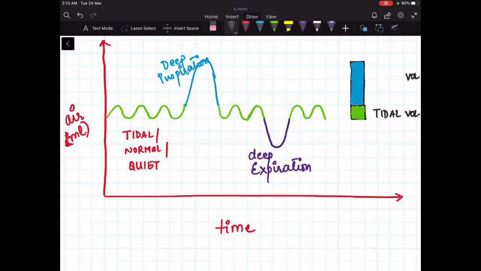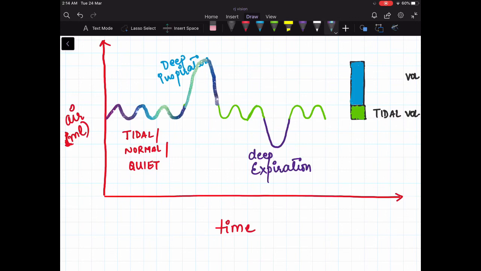Just follow this again. Normal inspiration, normal expiration. Tidal inspiration, tidal expiration. Quiet inspiration, quiet expiration. And then after normal inspiration, there was this extra amount of air taken in during deep inspiration, which was given out like this. Is it making sense?